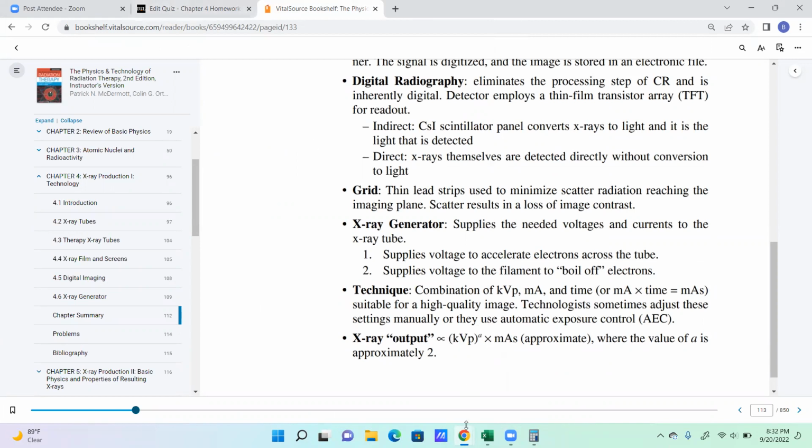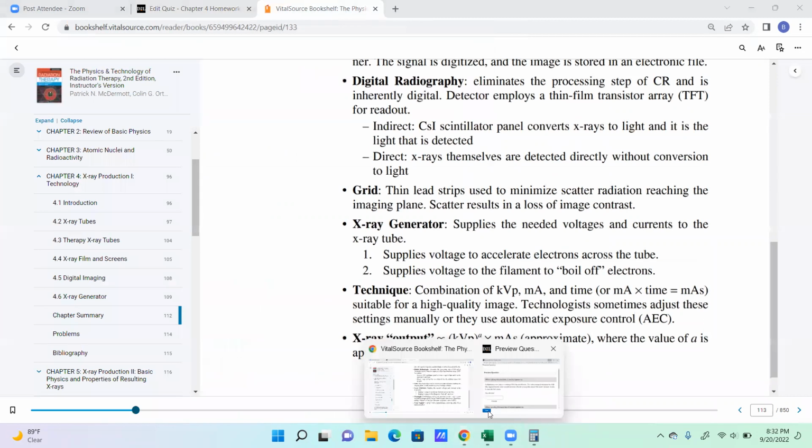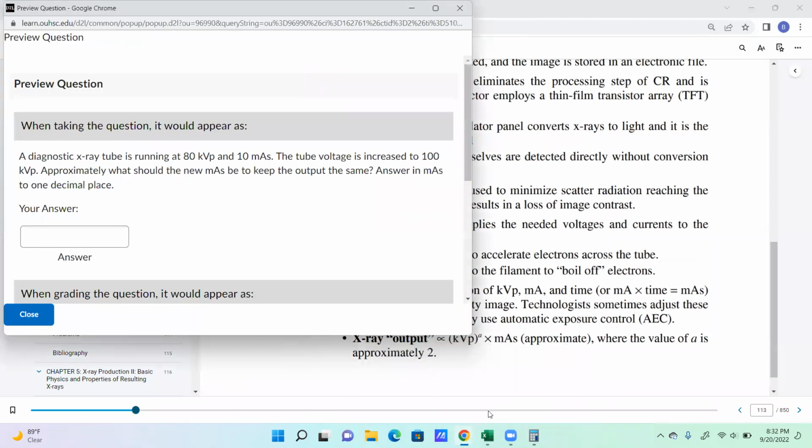So let's see. We would have, and I'm going to try to keep that formula over there, 80.